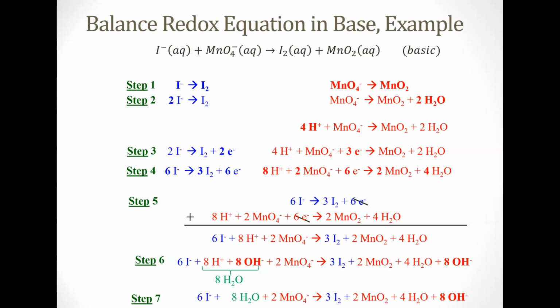So we'll combine them. And now you can see we've got 4 water here and 8 water here. So let's cancel the 4 water, which will leave us with 4 water on the reactant side. And we'll rewrite this so that we have our final equation.